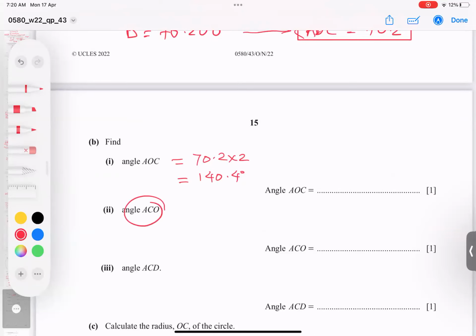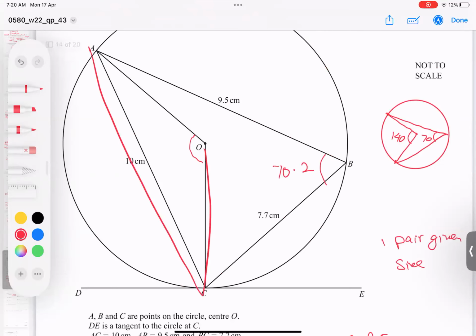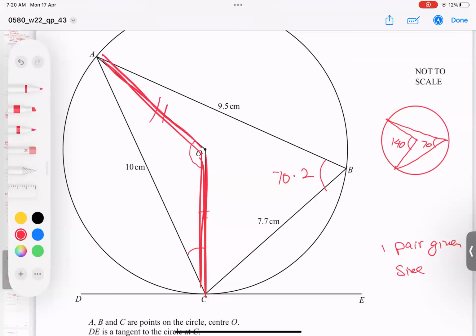Now ACO, where is ACO? This angle is concerned. O to C is a radius, and O to A is also a radius.